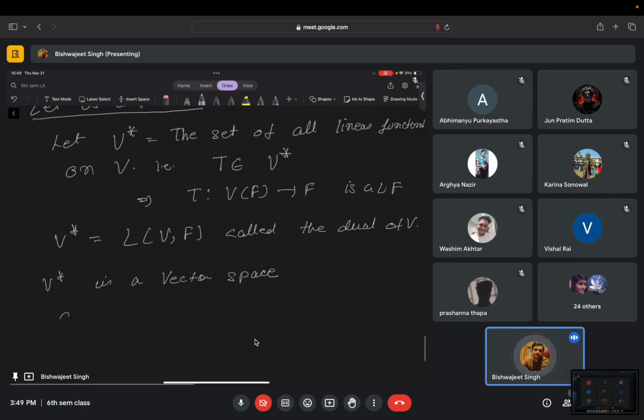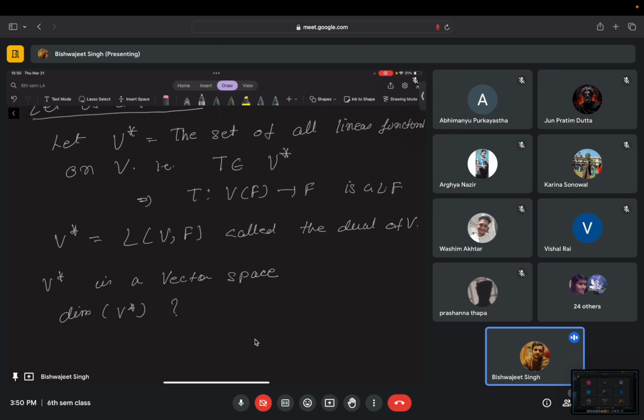And what is the dimension of V star? Can anyone guess what it is going to be? The dimension of L of V, W was what?